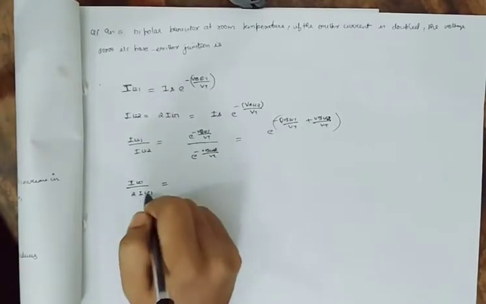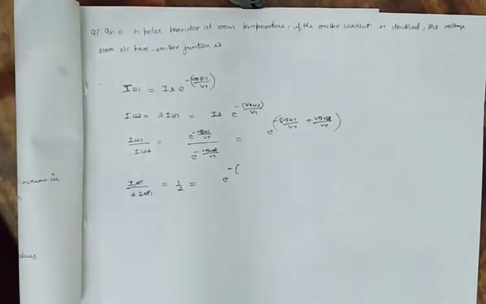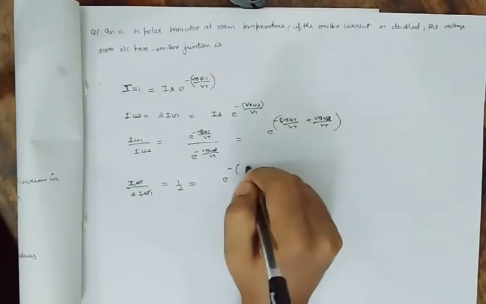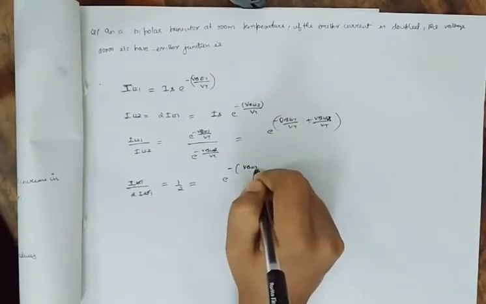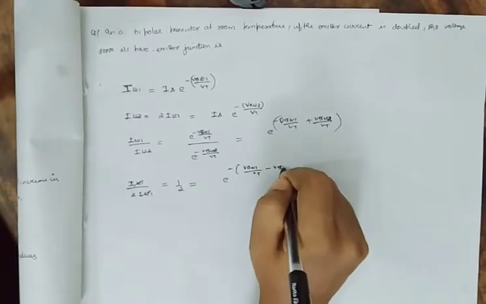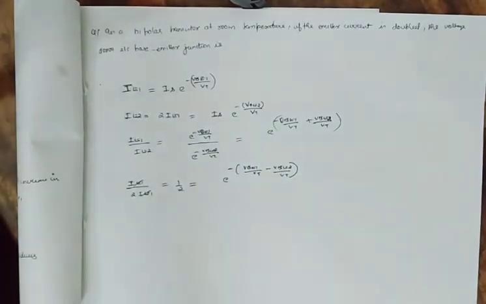which is equal to 1 by 2, which is in turn equal to, taking the negative outside, e raised to minus, VBE1 by VT minus VBE2 divided by VT.